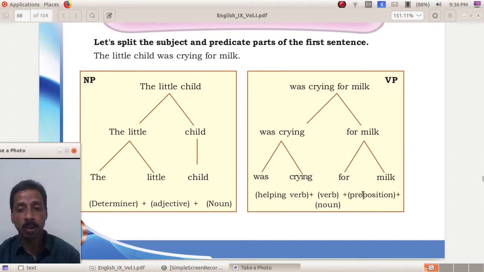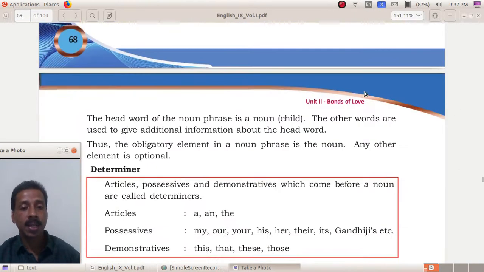For is a preposition, milk is a noun. So a preposition plus a noun is called a prepositional phrase. You should keep in mind. For is a preposition, milk is a noun. So a preposition plus a noun is called a prepositional phrase. And the details are given there in the next part.